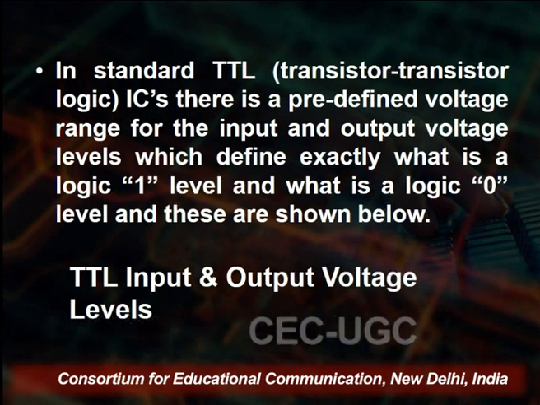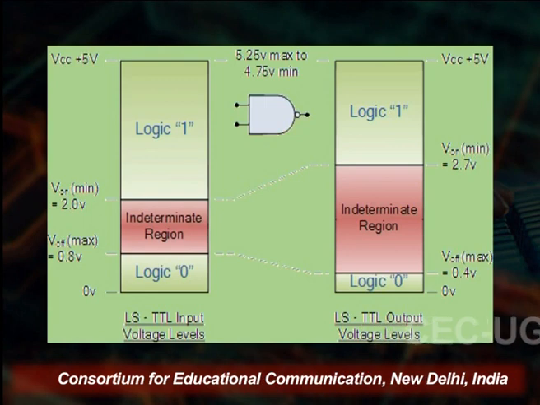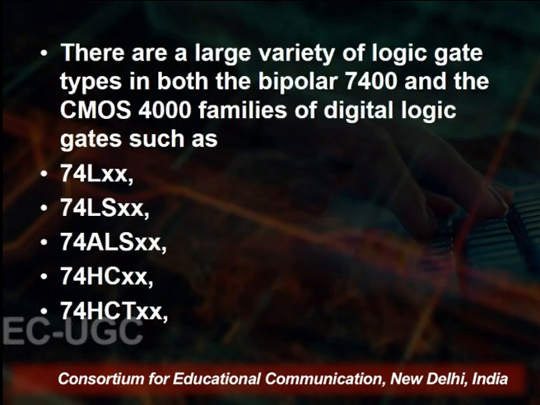Now you see the TTL input and output voltage levels. You can see in the diagram how this range can be defined as the input is given and the output we will have. This is basically the AND gate output. After applying the logic, this depletion layer will be increased.